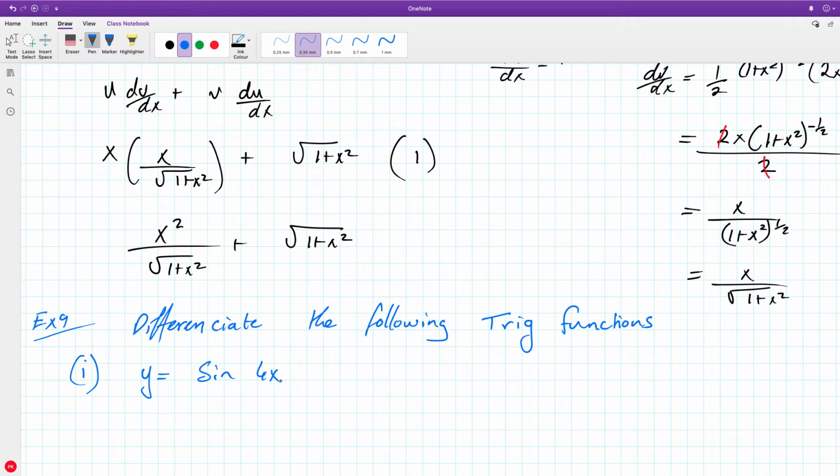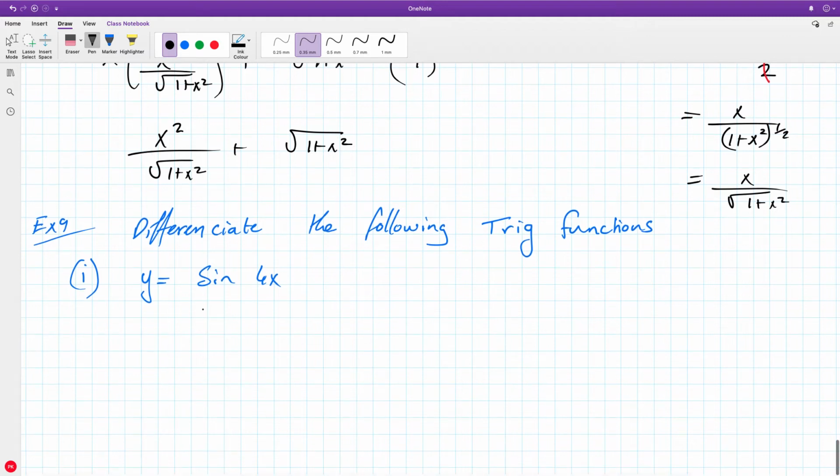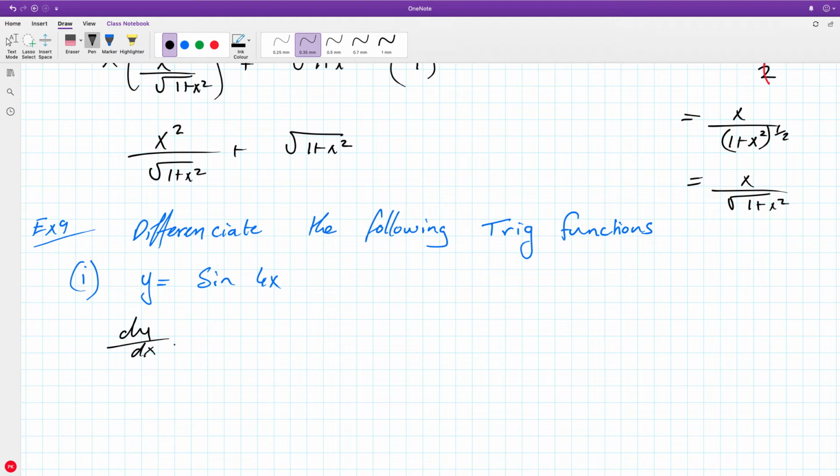Right, the rule with differentiating trigonometric functions is you differentiate the function and then you must differentiate the x if there's an x there. So dy dx: differentiate the sine of 4x and you get the cos of 4x. But you also must differentiate 4x and you get 4. So that's equal to 4 times the cos of 4x. Right. Have a go at this one for me.